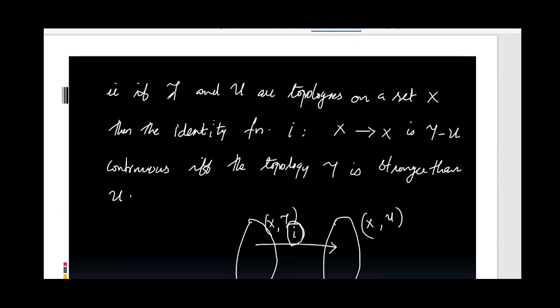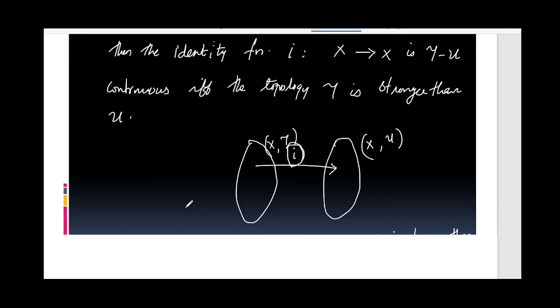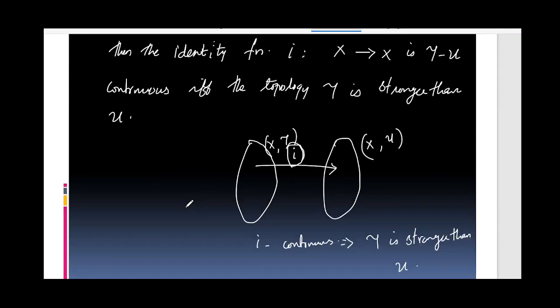See, if T and U are topologies on a set X, then the identity function I from X to X is tau U continuous if and only if the topology T is stronger than U. So, if you want to have a discontinuous identity function, it's very easy to define.